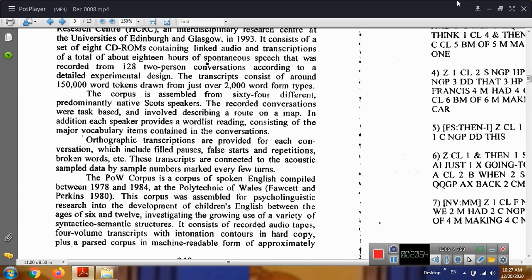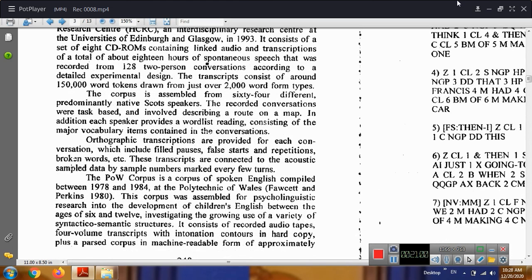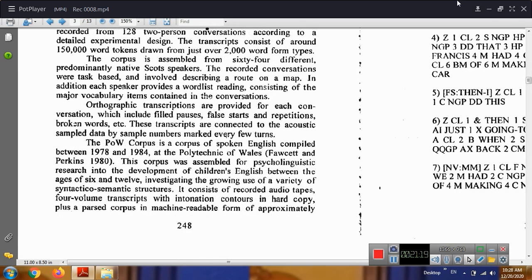Here you see other explanation about the above corpus, which was the Map Task corpus. The recorded conversations were task-based and involved describing a route on a map. In addition, each speaker provides a word list reading consisting of major vocabulary items contained in the conversation.